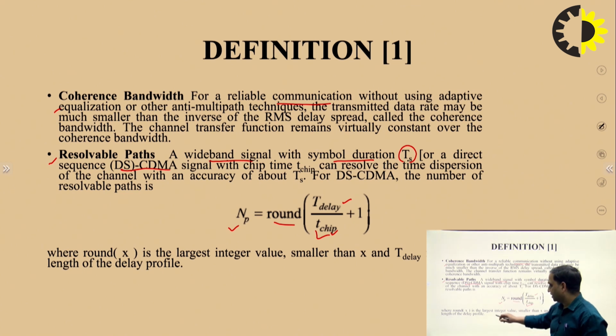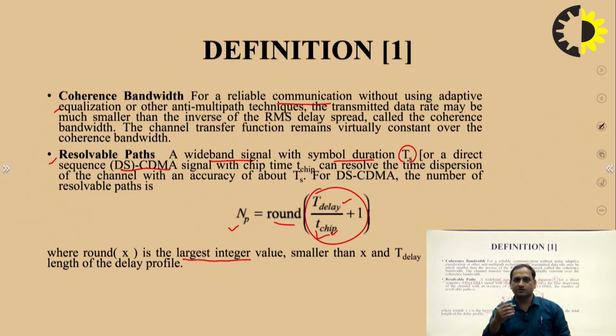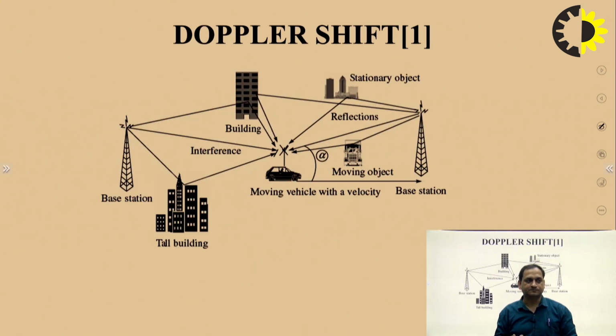So we take the largest value of the expression T delay upon T chip plus 1, whatever the maximum value is. We have to choose that value so that we can decide the number of paths we can use for transmission of the signal in the multipath phenomenon.